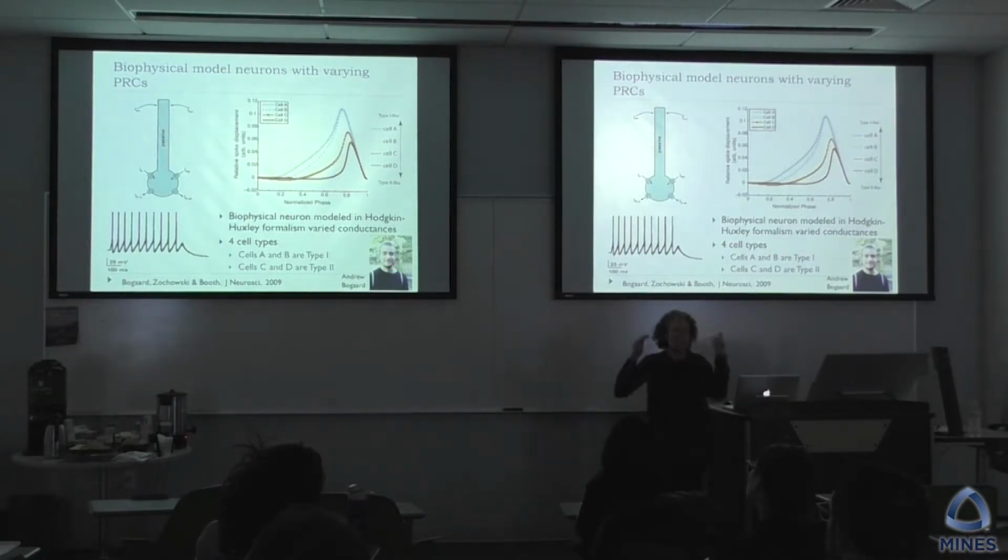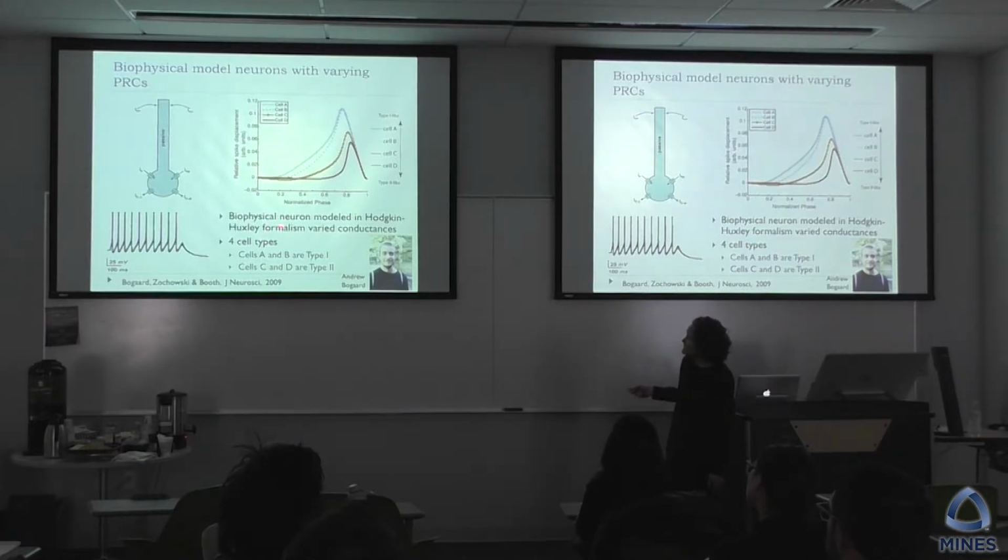We built some big neural networks where the individual neurons, here's our schematic of the neuron with a cell body and a dendrite, and we use this Hodgkin-Huxley formalism here. I don't show the equation, but I'll show it later, where the individual neuron can generate this repetitive firing of action potentials.